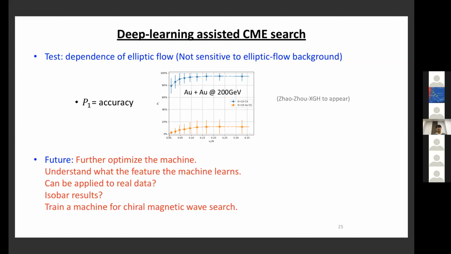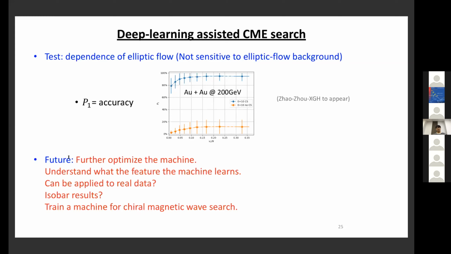You can see that in the case of a small V2, there is a dependence of the accuracy of the machine. But when the V2 is larger, the machine behaves independently of the V2. Which means the machine learns something which is not the elliptic flow driven background, but the essential feature of the charge separation. Okay, so this is very interesting.